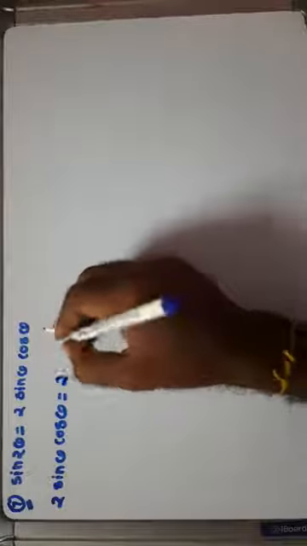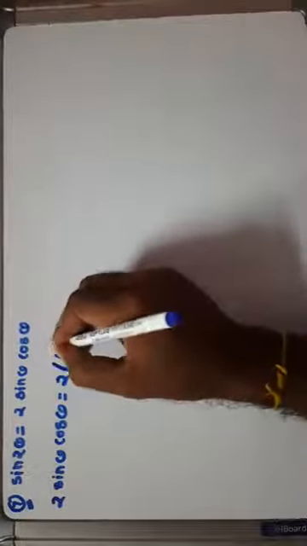sin 2 theta is equal to 2 sin theta cos theta. Okay, here we take the RHS side first. 2 sin theta cos theta, 2 as it is, and here we use the trigonometric functions.